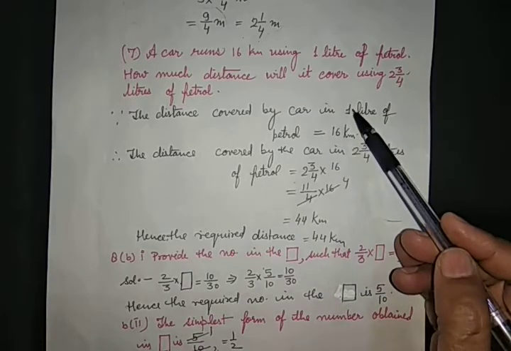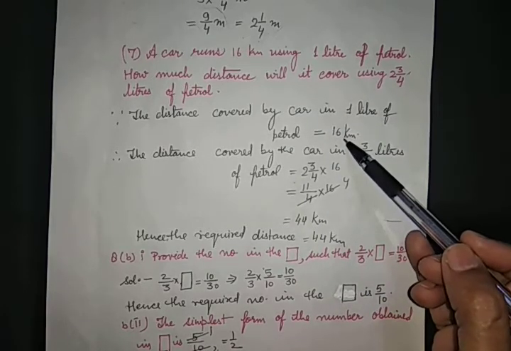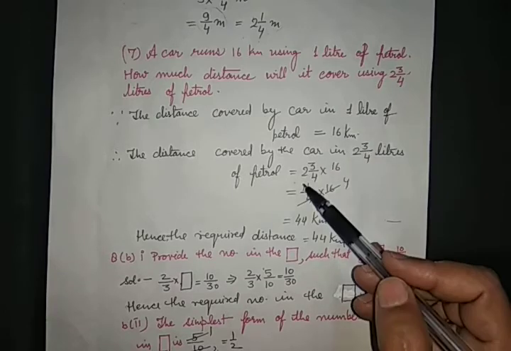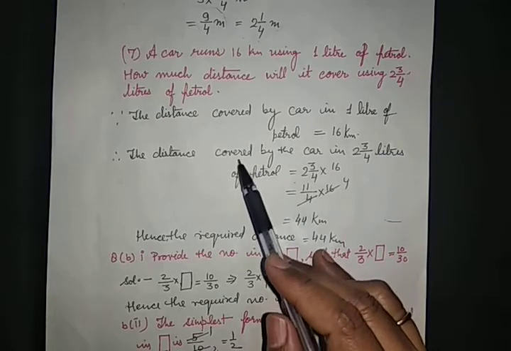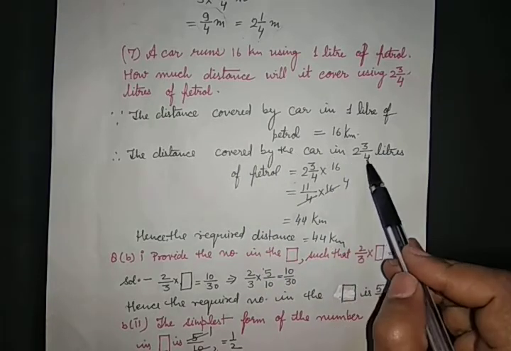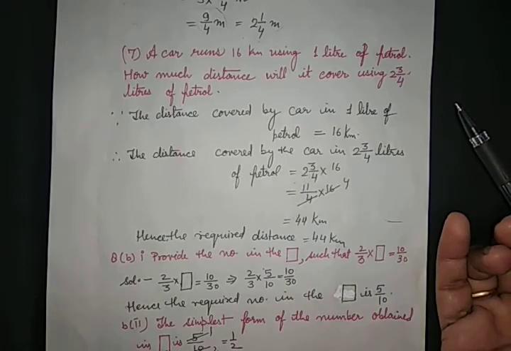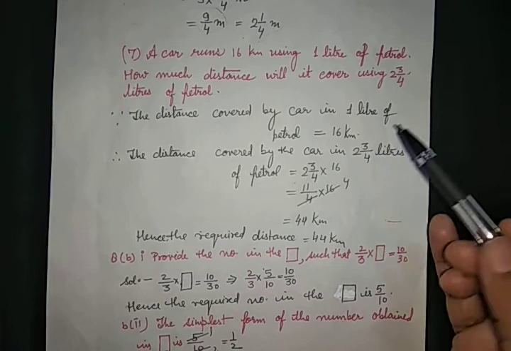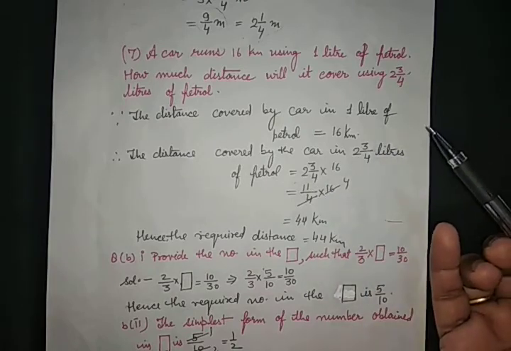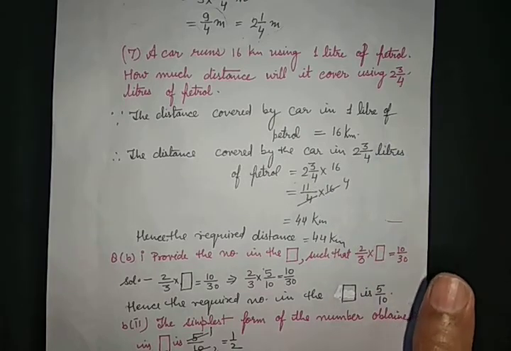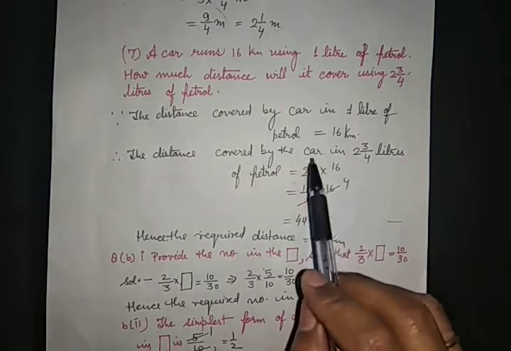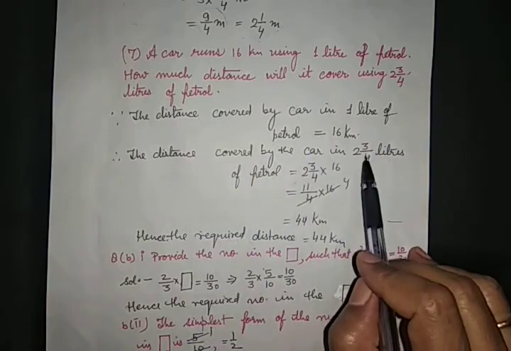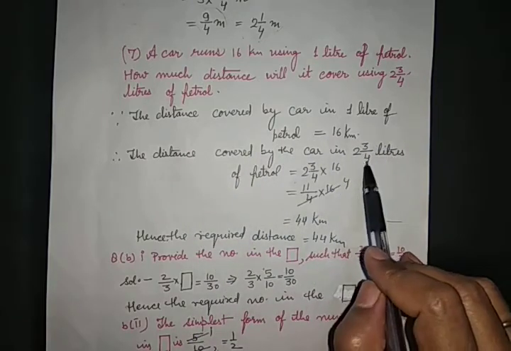If in 1 liter it goes 16 kilometers, then if the quantity of petrol increases, the distance will also increase. So what will you do here? Multiplication or division? You will do multiplication, because here the quantity of petrol is increasing.